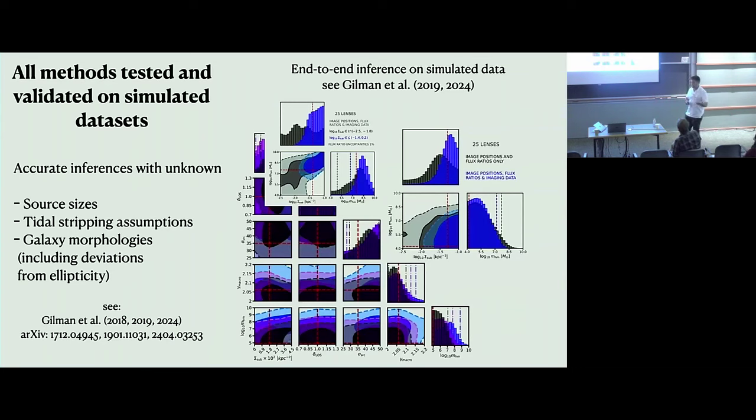So before we actually apply this to real data, we make mock data that includes the systematics that we know about, so the things I discussed on a previous slide. And then we analyze that mock data as we would analyze real data and verify that we get the correct answer, or that we are not systematically biased by some unacceptable amount. I don't expect you to interpret this collage of corner plots, but this is just to show that we test this machinery on simulated data.